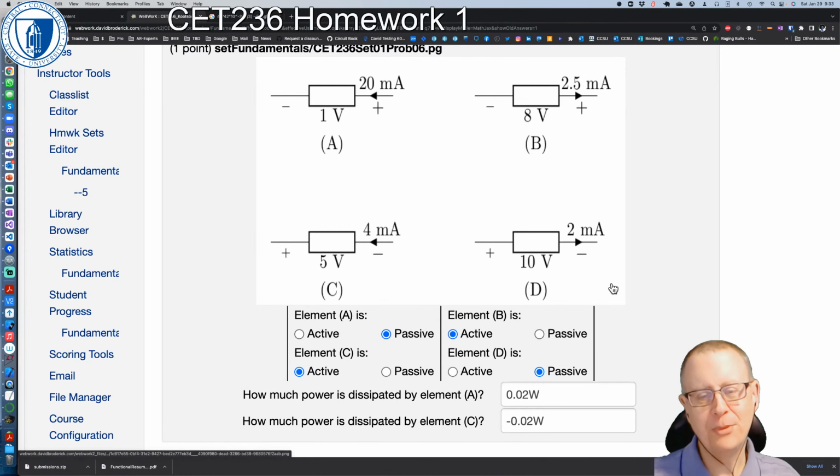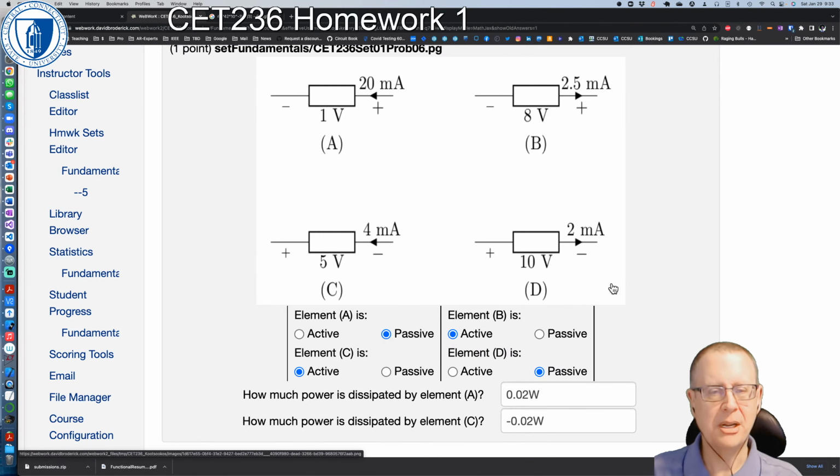And then the power dissipated by element A. It is a passive device, so it is dissipating power, so we just have to multiply the current by the voltage. So that's 20 by 10 to the minus 3 times 1, which is 0.02 watts. Element C is an active device, so it's not dissipating power, it's generating power, so the dissipation is negative, whatever the current times the voltage is.